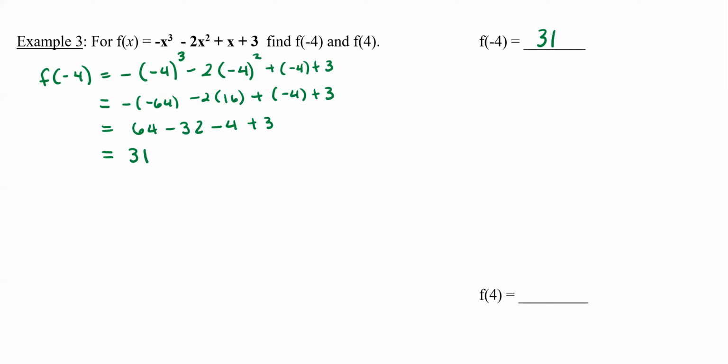And now we want to find f of 4. And the same thing here, I'm going to go ahead and use parentheses whenever I substitute a number in for a variable with an exponent.